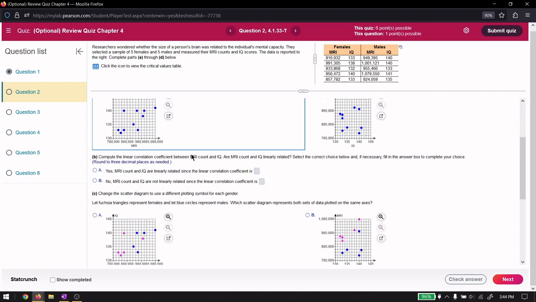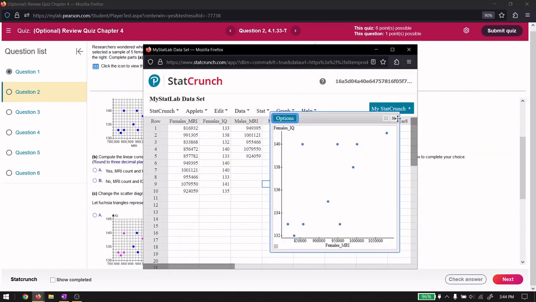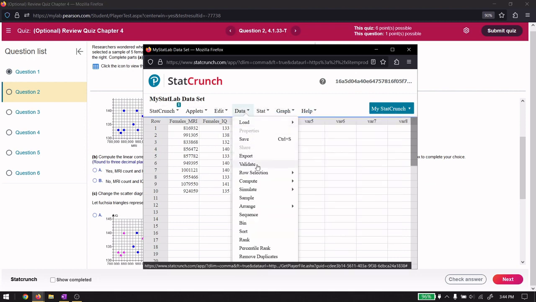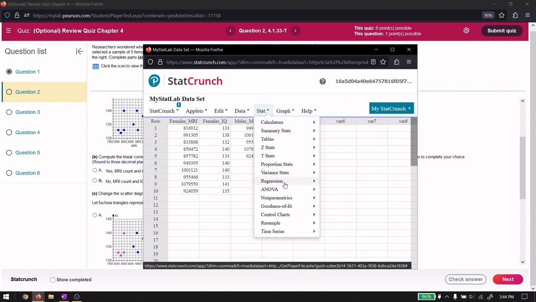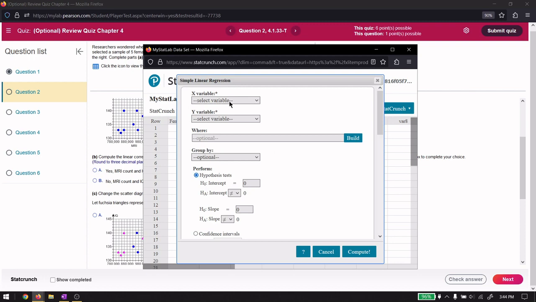Now compute the linear correlation coefficient for this. Well, that's going to be the same thing as just doing Stat, Regression, Simple Linear. And even though it says female again, we're going to assume the MRI is the explanatory variable, right? Because the brain size should affect the IQ. That's what we're testing to see here.